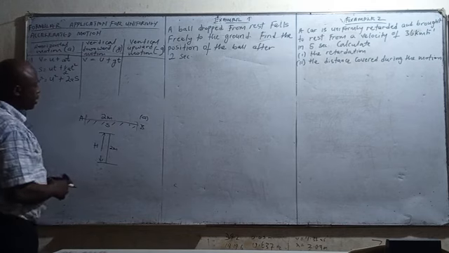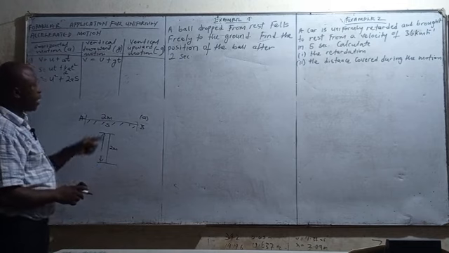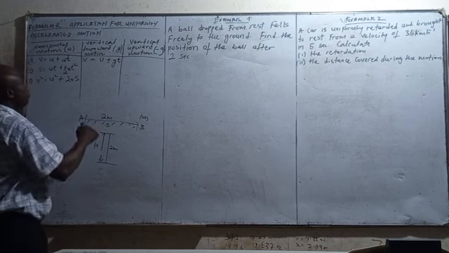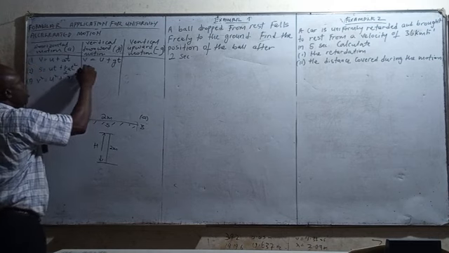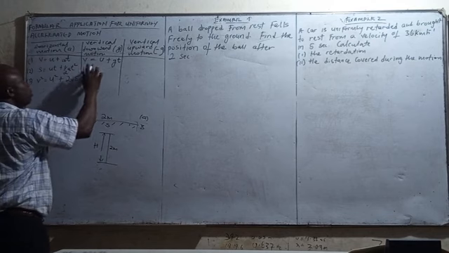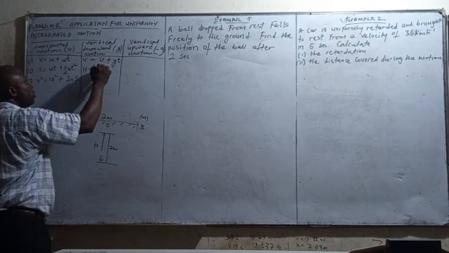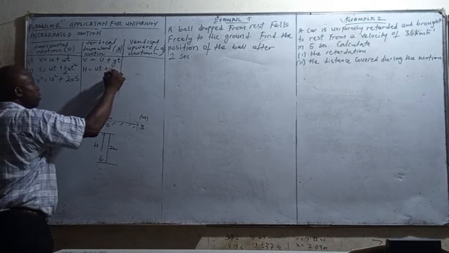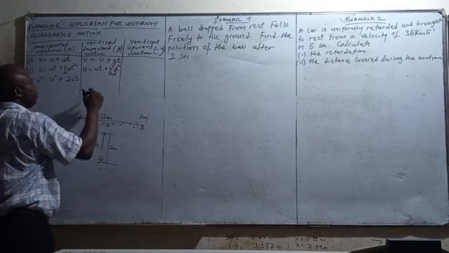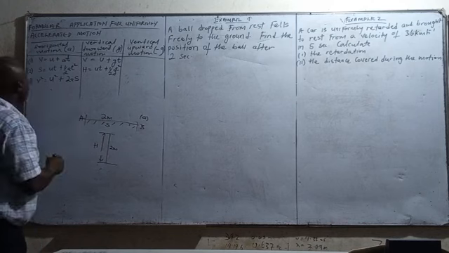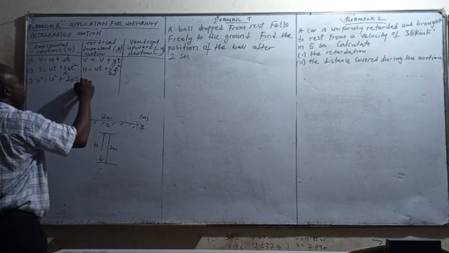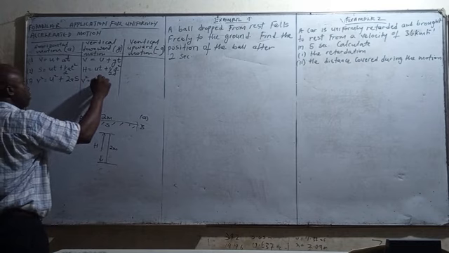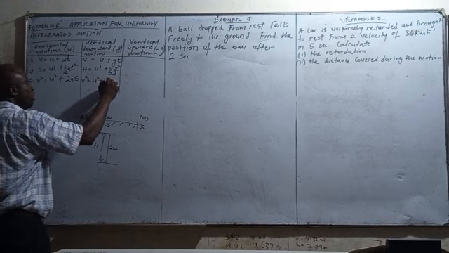But like an aeroplane moving at a height, or a stone thrown from a height, it should be h. So s becomes h: h equal to ut plus half gt squared. Here also we have v squared equal to u squared plus 2gh.